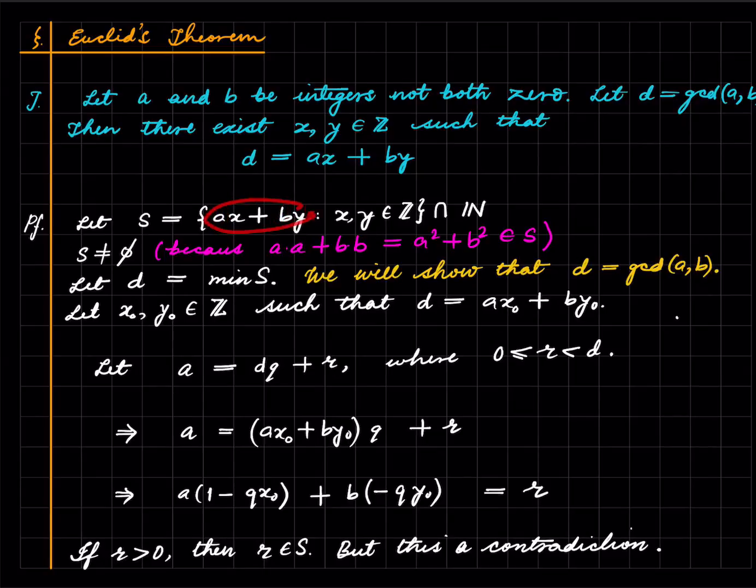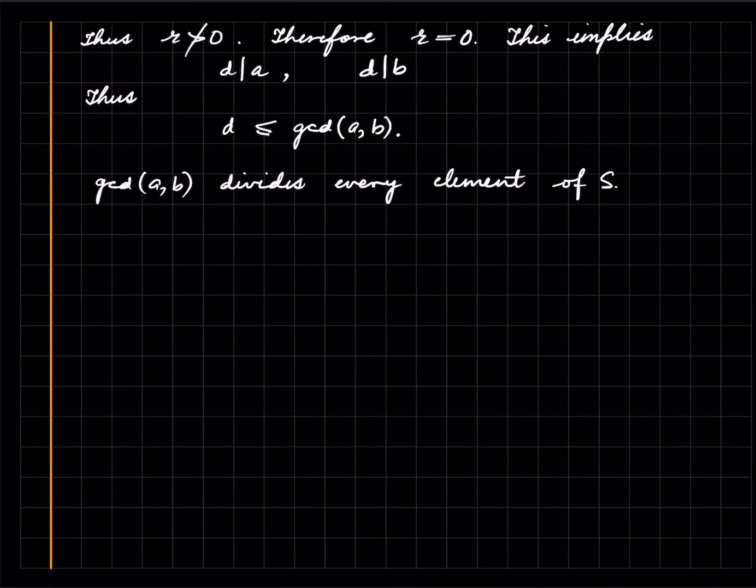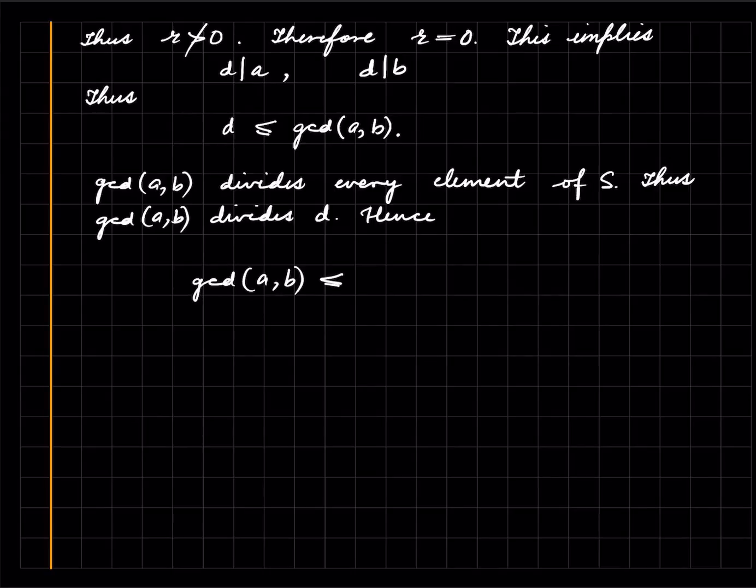So it divides this for each x and y, and hence it divides every element in S. So in particular, GCD of a comma b divides d, and hence GCD of a comma b is less than or equal to d, because d is a positive integer.